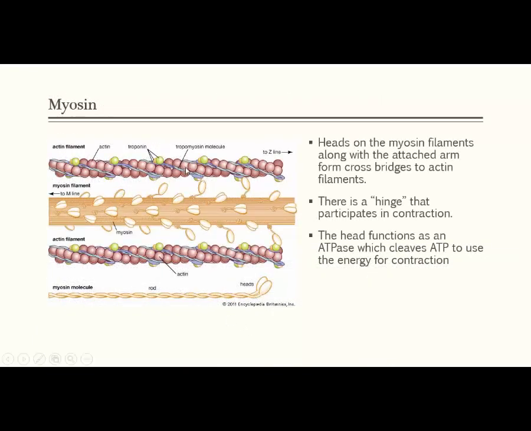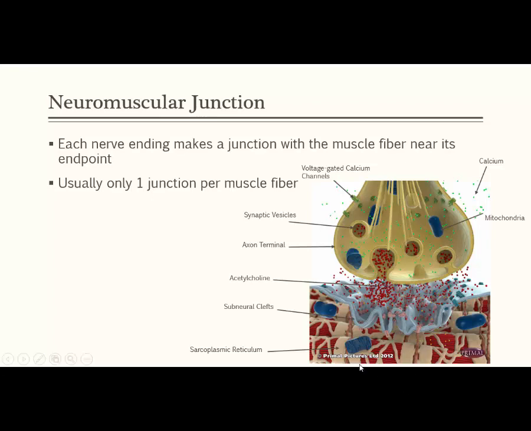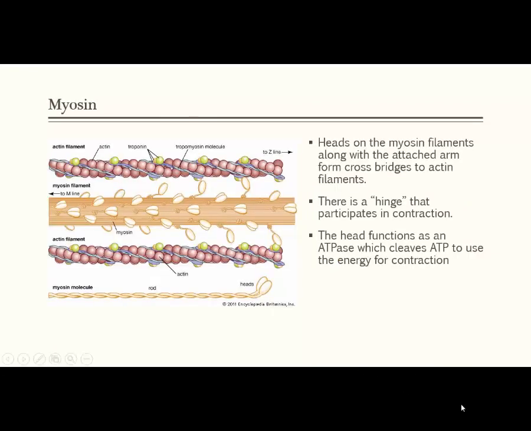Okay. So how exactly do the actin and myosin interact? Well, on the myosin fiber, there are these heads, and these heads reach out. So again, we have the actin filaments and the myosin filament. The actin filaments, as you can see here, are attached to the Z line at this end.